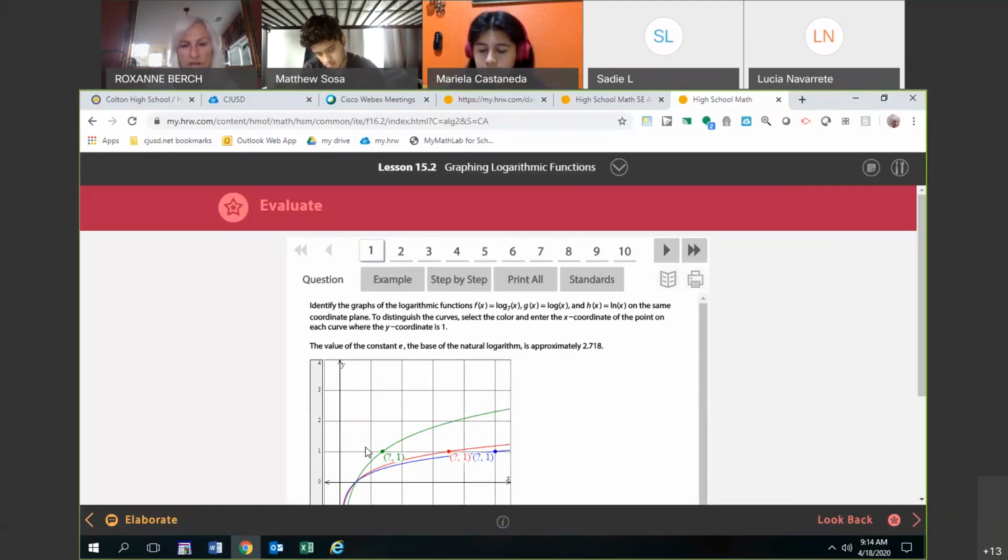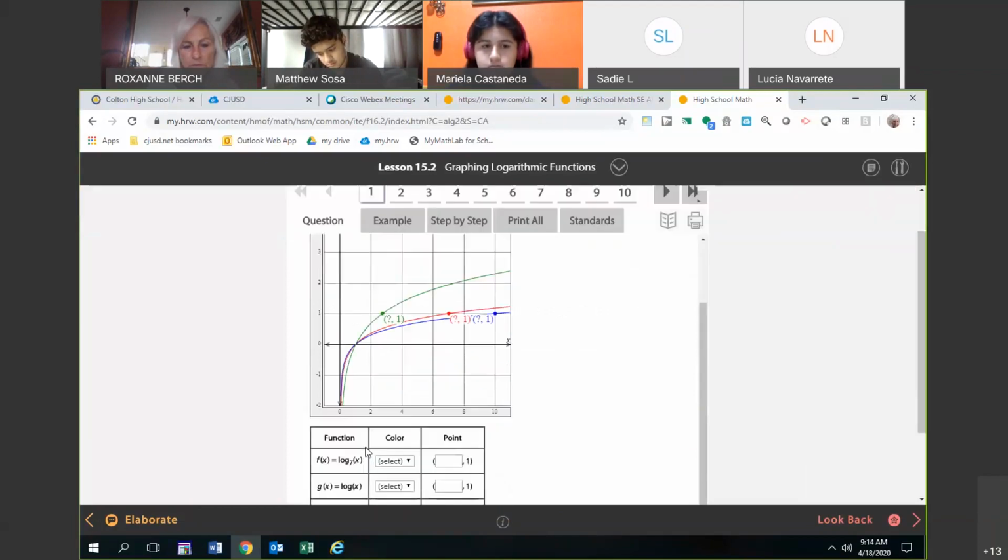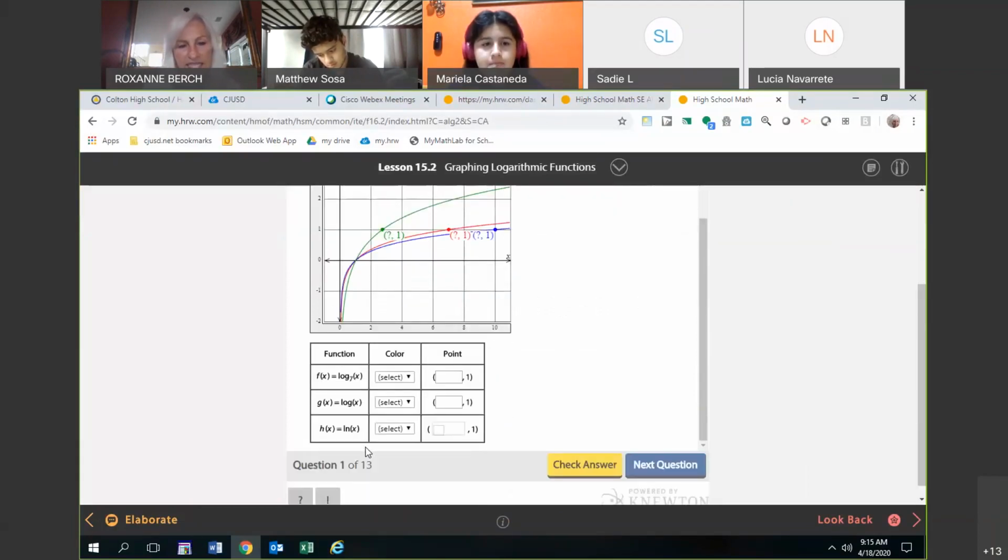What they're doing is they're giving you 3 graphs, and they're asking which color goes with who. So who goes with log base 7? Who goes with log base 10? Who goes with log base E, which is the natural log? So what you're going to do is put in the appropriate X and get 1 out for Y and give the answer.